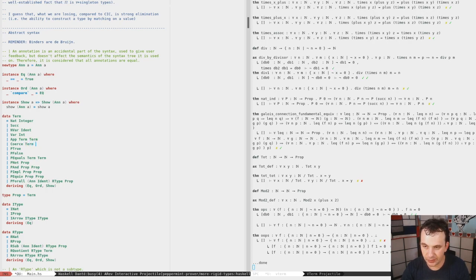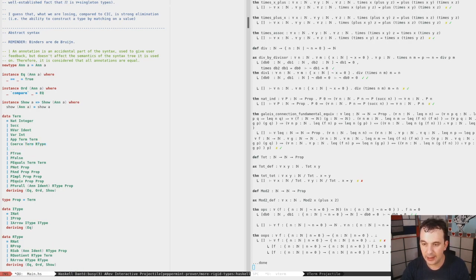Coerce, term, R type, and safe coerce. What should we call that one? The one that is not equality preserving. It's a stronger coerce. I could call it strong coerce, strongly coerce. Let's do this.